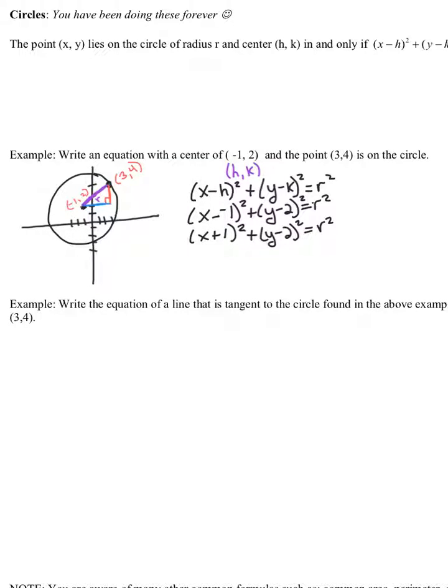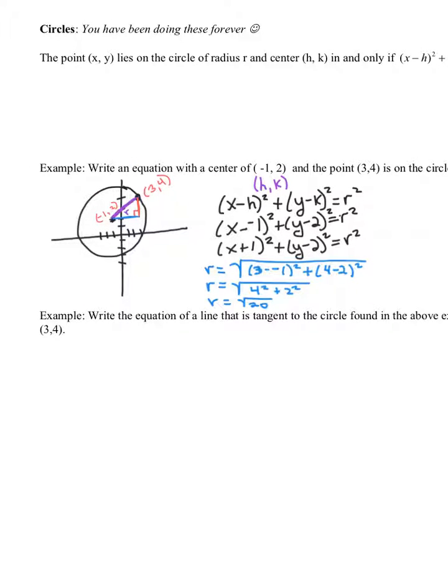So we can use the Pythagorean theorem to help us find the length for the radius. So let's go ahead and do that. Using the Pythagorean theorem or the distance formula, we find that the radius is the square root of 20. Now we're ready to write the entire equation of our circle.